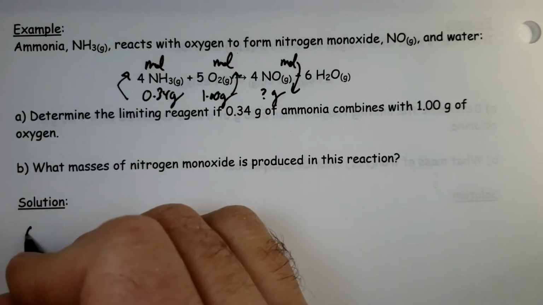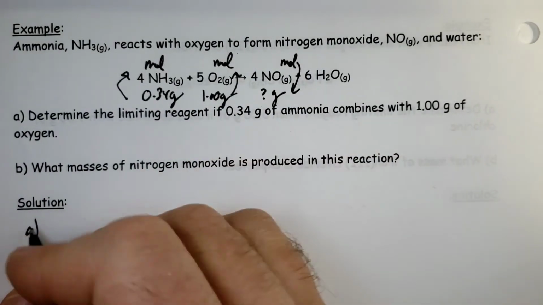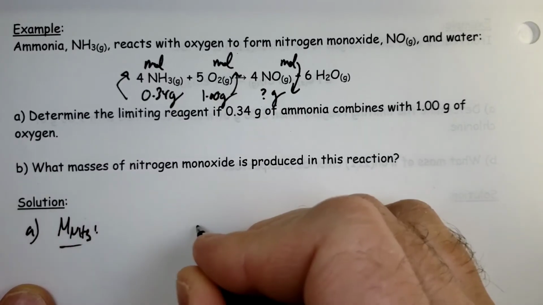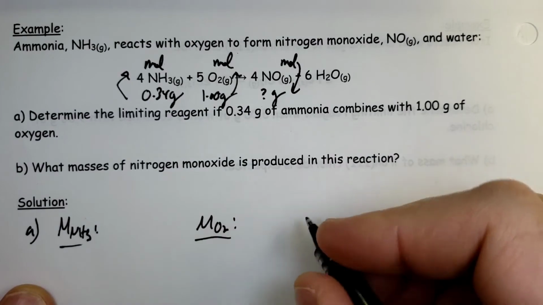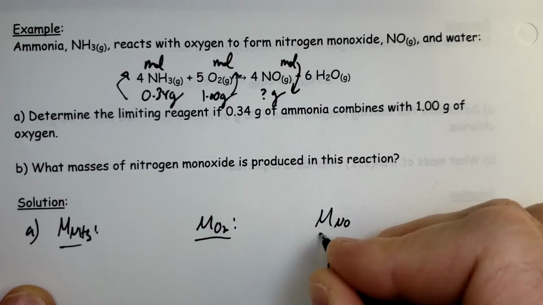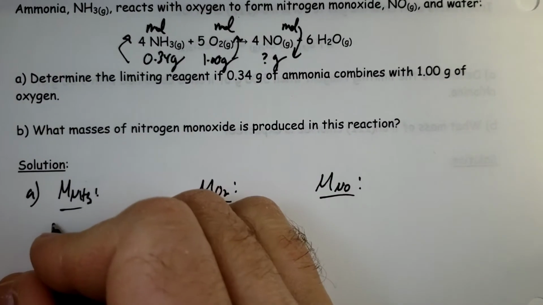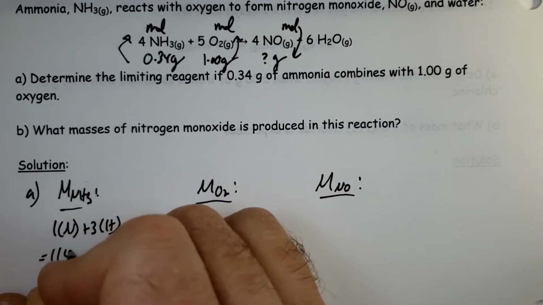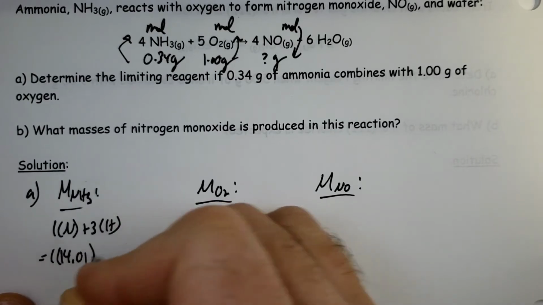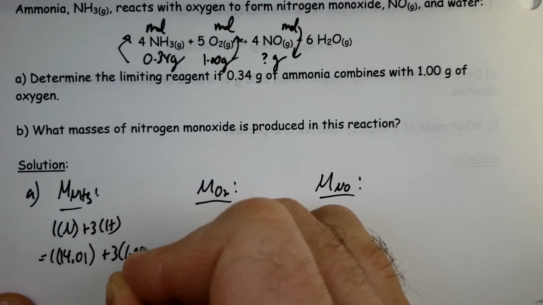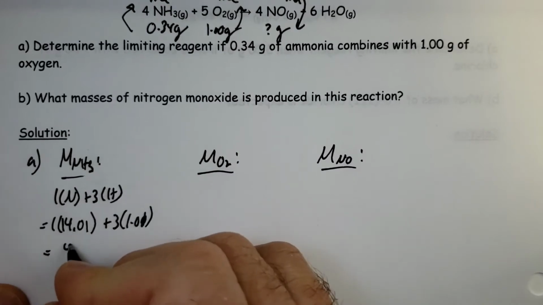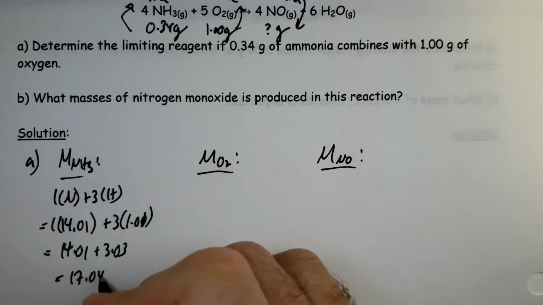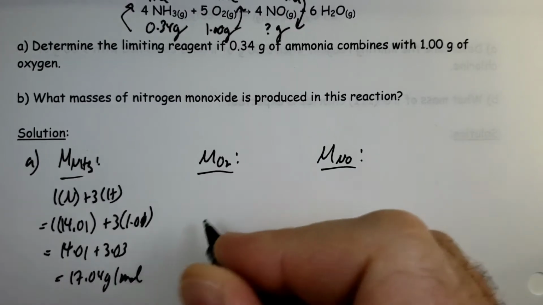So let's figure out the molar mass of all of these, because we have to go from grams to moles. So the molar mass of ammonia, the molar mass of oxygen, and the molar mass of NO. So 1 nitrogen, 3 hydrogens, so 14.01. So 17.04 grams per mole is the molar mass of ammonia.